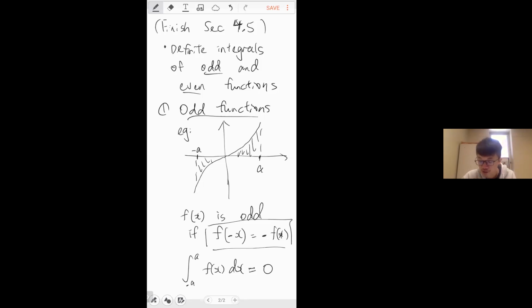From the graph, we know that the definite integral is the area above the graph minus the area below the graph. Because the function is odd, there's an equal amount of area above x and below x. And so when you subtract them, you get zero. Does it make sense for everyone? So for an odd function, if you're taking the definite integral from negative a to a, for example, from negative 5 to 5, it's always going to be zero. Questions?